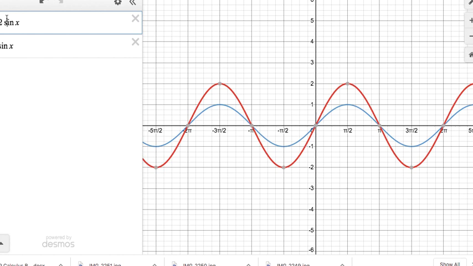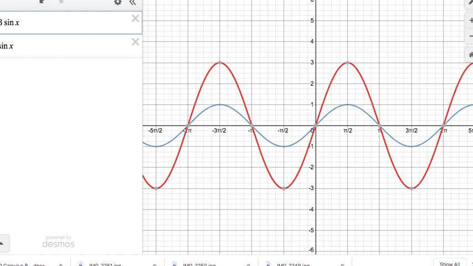If I switch this red graph to be 3 times the sine of x, now my maximum value goes up to 3 and down to negative 3. Again, all the zeros in the same location. Now, when we multiplied a graph back in chapter 1 by a specific number, we called that a vertical stretch. And then the sine graph is a great example of how multiplying in front of that function vertically stretches your graph.